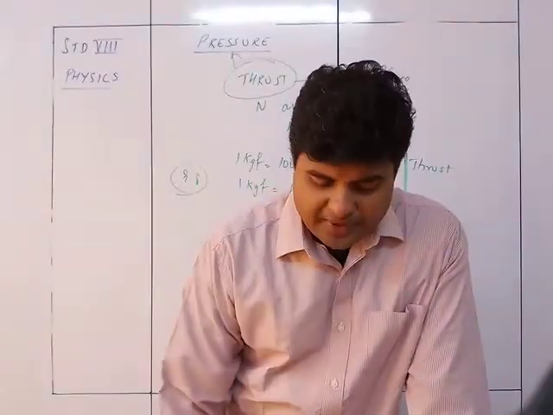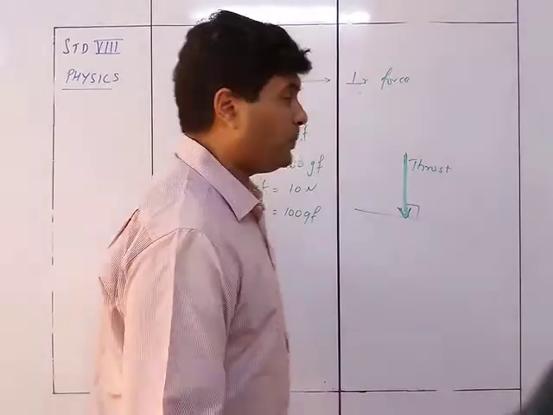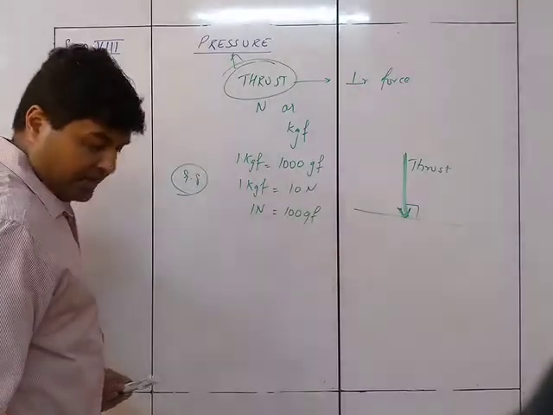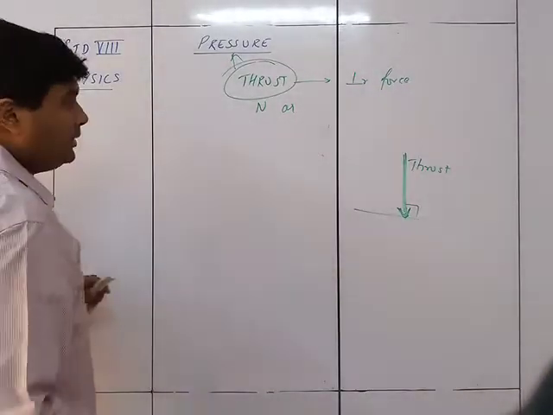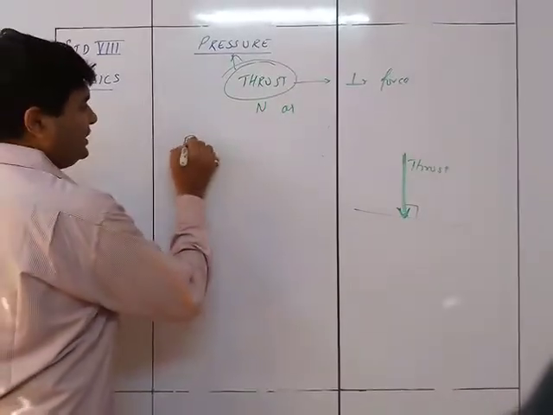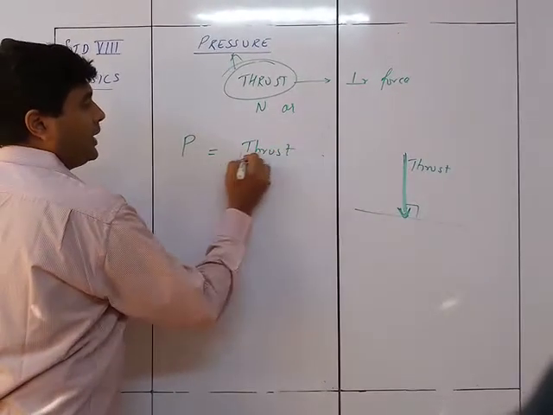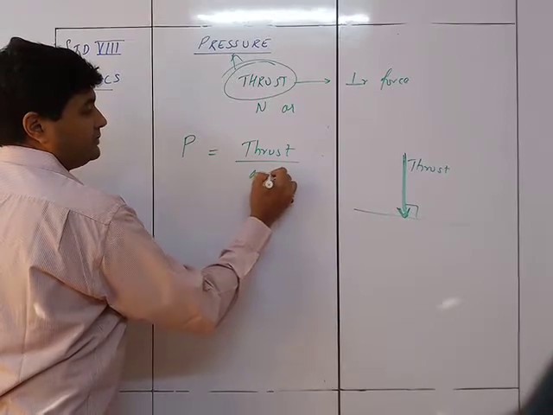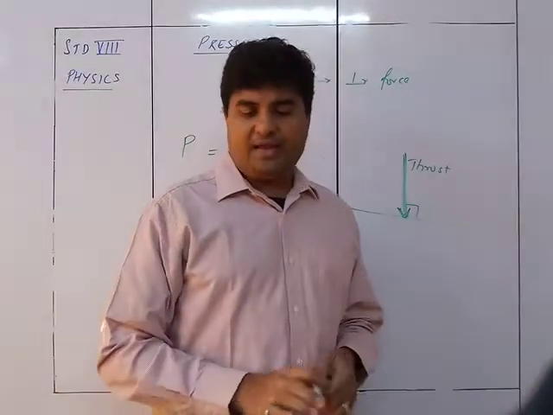Hence we define pressure as thrust per unit area. So hence we have pressure is equal to thrust upon area.